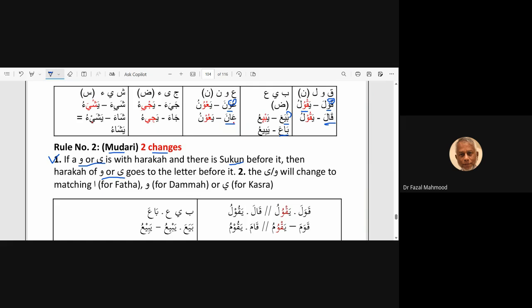And same, Qaf, Waw, Lam, from that the original Mudari following the Bab family Nun, it is Ya'ulu, Yansuru, original Mudari. And then the Ta'lil version, after applying the formula, it has become Yaqulu.